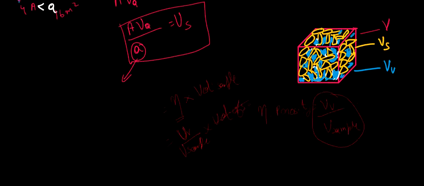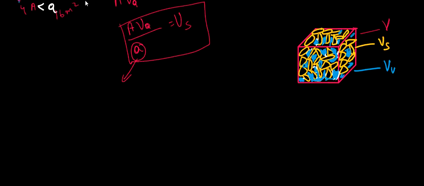So this will cancel out, and we will be left with the volume of void. This implies that if I multiply my porosity with the total volume of soil sample, I will obtain the total volume of voids present in my soil sample. I think this much is clear.